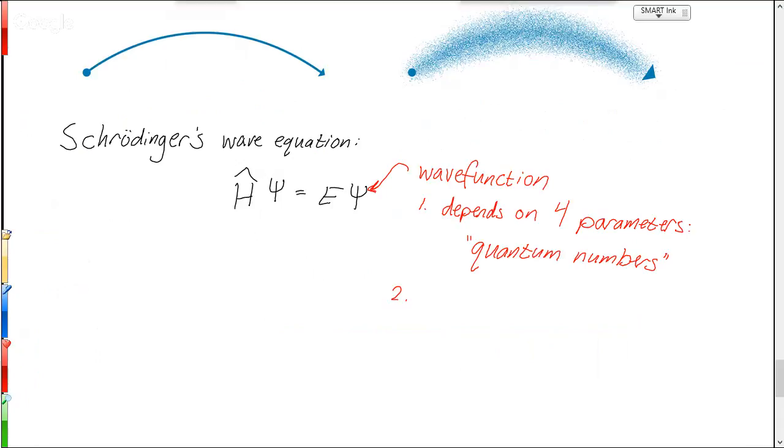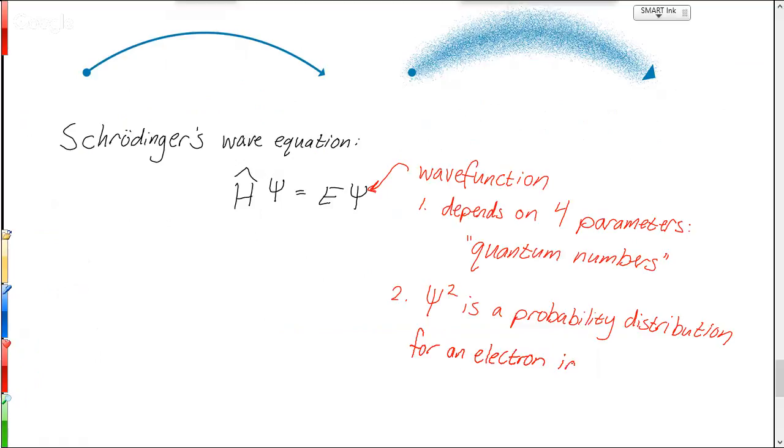Secondly, that the square of the wave function is a probability distribution for an electron in an atom.